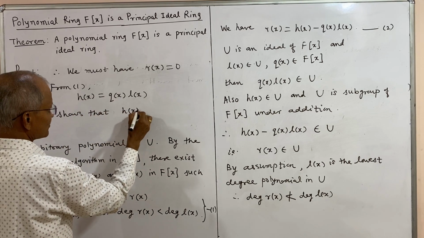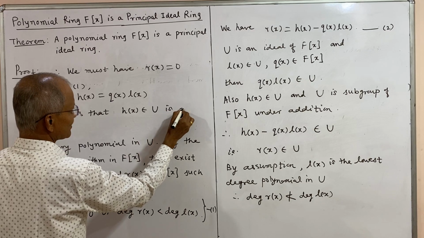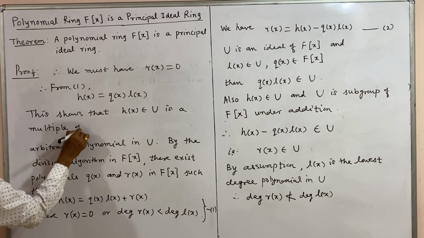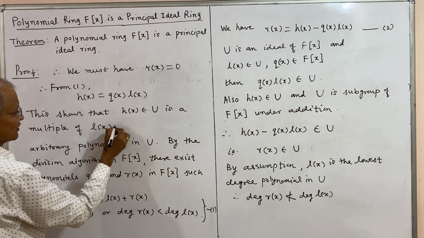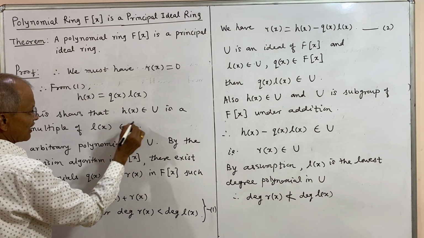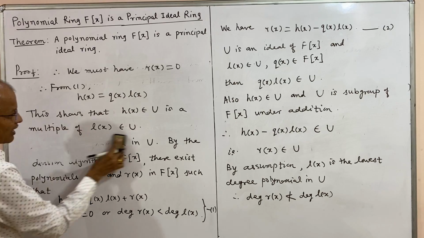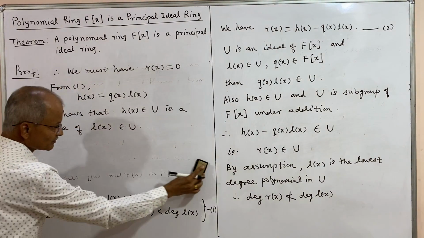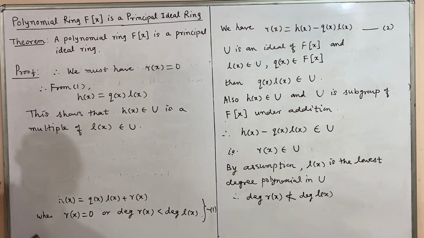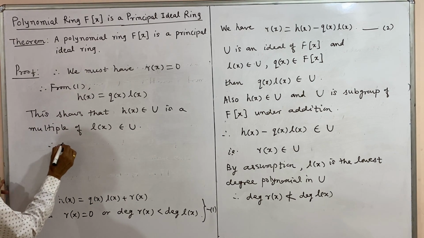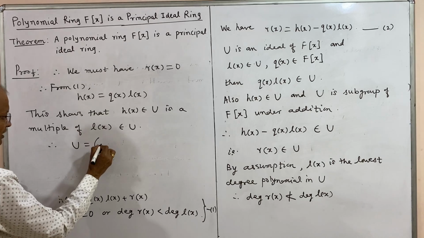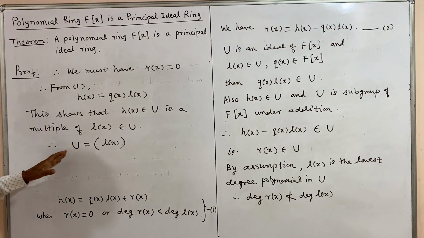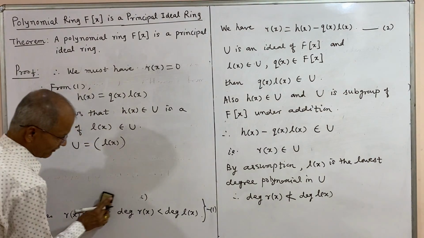H of x belongs to U is a multiple of L of x in U, and that means U is generated by L of x, or every polynomial in U is a multiple of L of x.